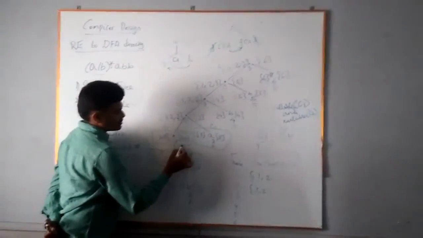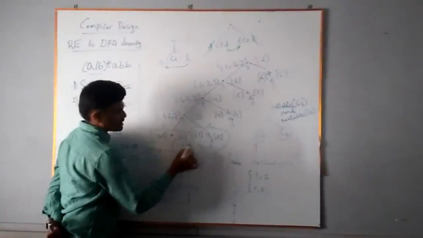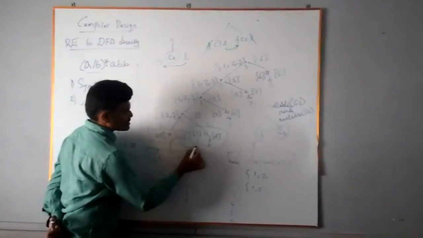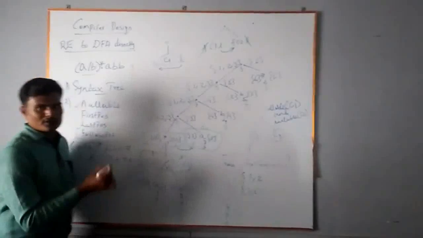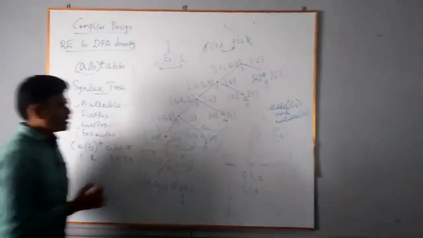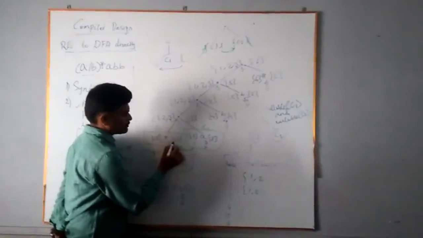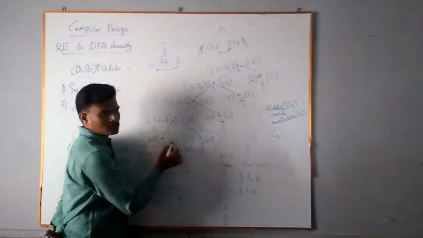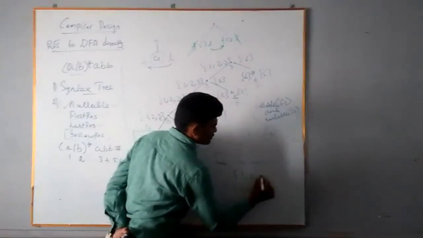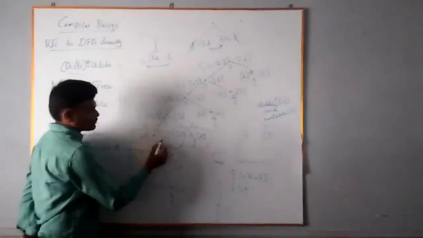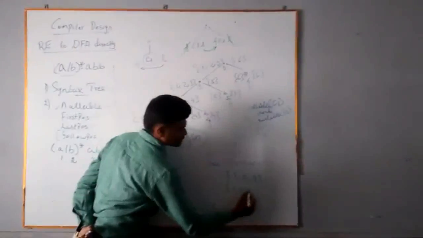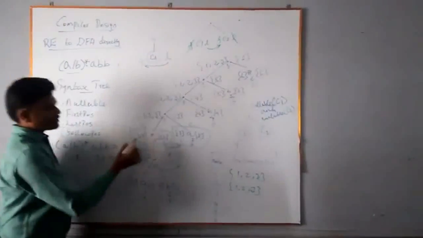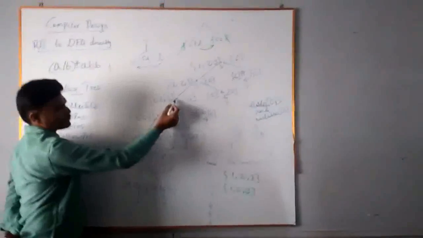Now this is the last position and this is the first position. I said before, for each and every last position there will be a follow of the first position of the next node. So for 1 the follow is 3, and for 2 the follow is 3.